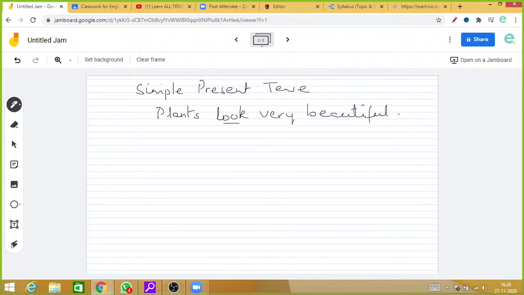I read a book. The verb is read. Look is the verb and read is the verb. Very good. So we have two simple present tense sentences.